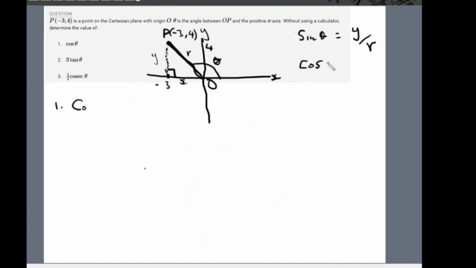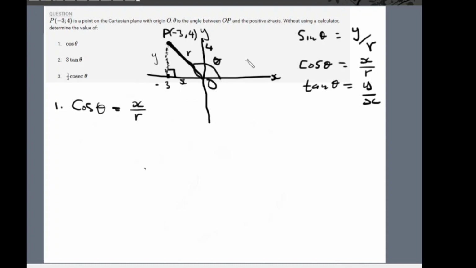Cos theta is equal to x over r, and tan theta is equal to y over x, right? Let's define our trigonometric ratios on the Cartesian plane. So in this case, they want us to determine the value of cos theta, which is x over r.